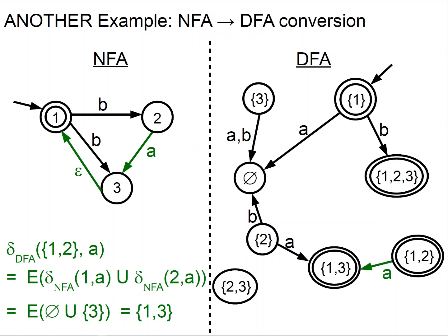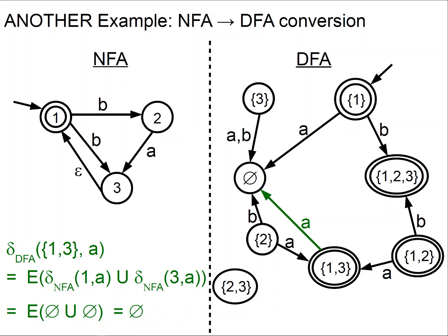From {1, 2} with A, you would take the union of delta NFA 1A and delta NFA 2A. That's the empty set union {3}. The epsilon closure of that gives you {1, 3}. And if you read a B, you will get to the set {1, 2, 3}.